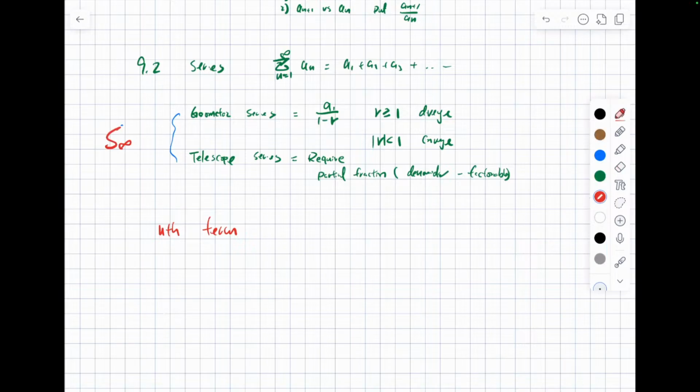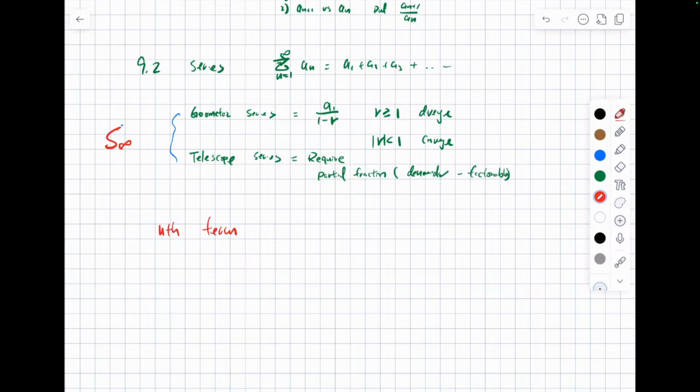You can get the actual sum when it goes to infinity. Because that's only 2. You cannot do that with the integral test. You cannot do that with a comparison test. You cannot do that with direct comparison test. You cannot do that with harmonic series. But you can do it with geometric series and telescope series. That's the only 2 things you can get.